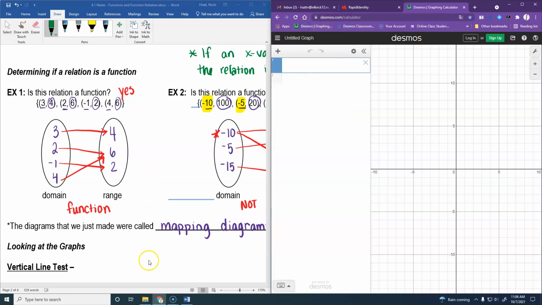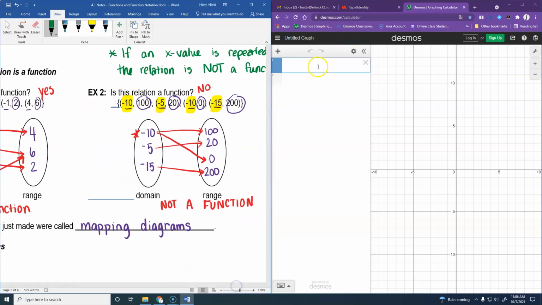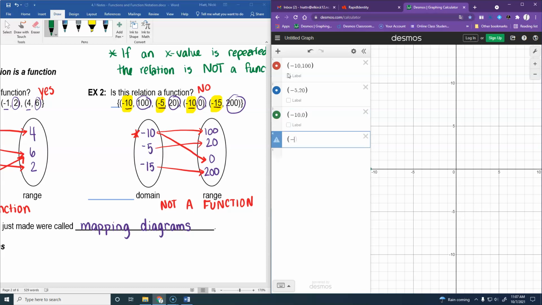Okay, so my points are negative 10, 100, negative 5, 20, negative 10, 0, and negative 15, 200.